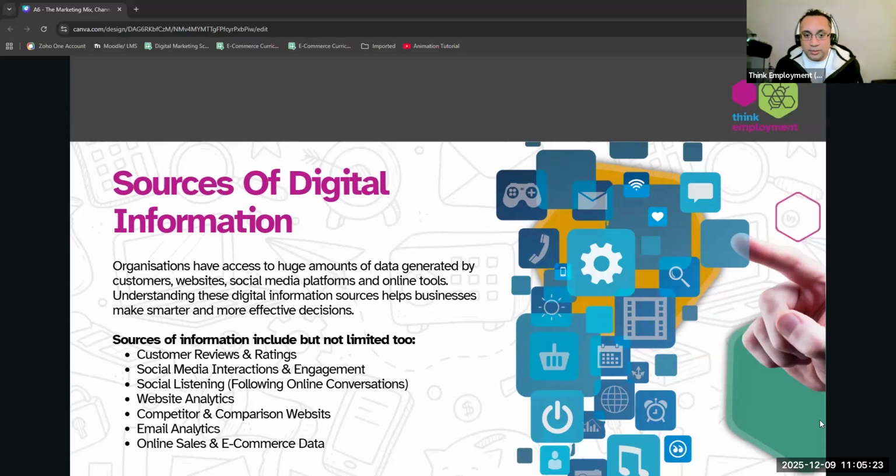One is as the user, and one is as the business. Because we're studying digital marketing, it's good to understand from the user's perspective. Okay, we've all been there, but also from the marketer's perspective. So organizations have access to huge amounts of user-generated content, data.